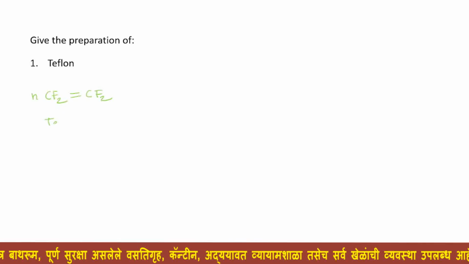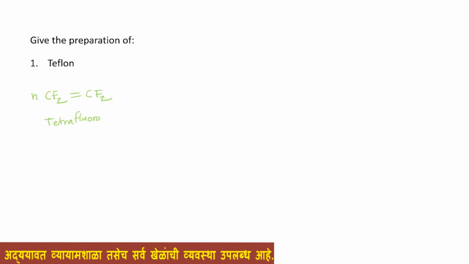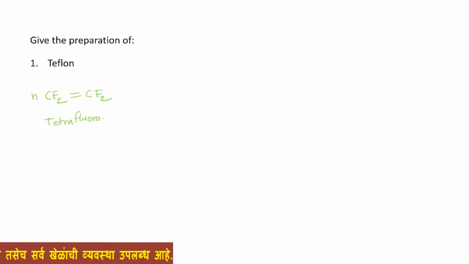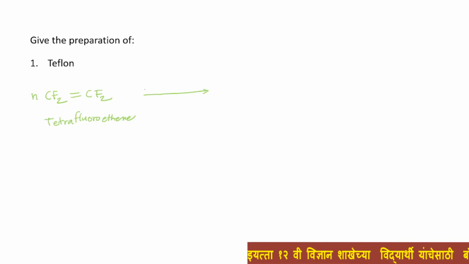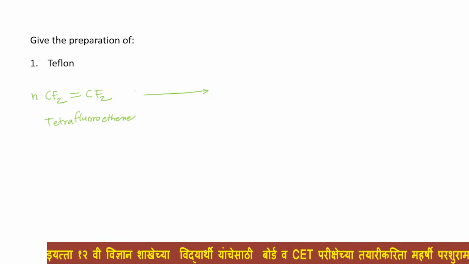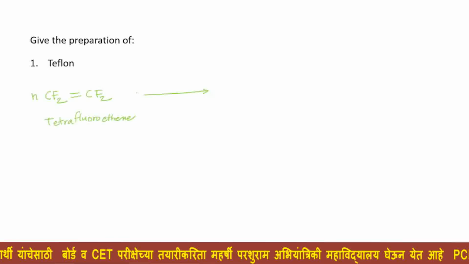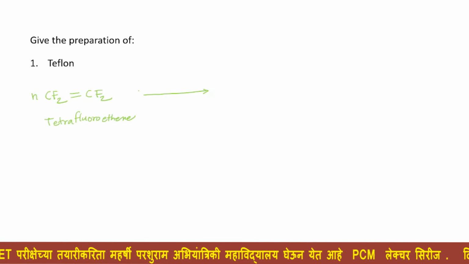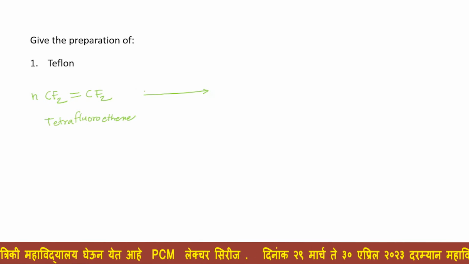This is tetrafluoroethylene. To start the polymerization, we again require an initiator. The initiator is again a peroxide initiator we can use, mostly hydrogen peroxide or ammonium persulfate at high temperature is used.